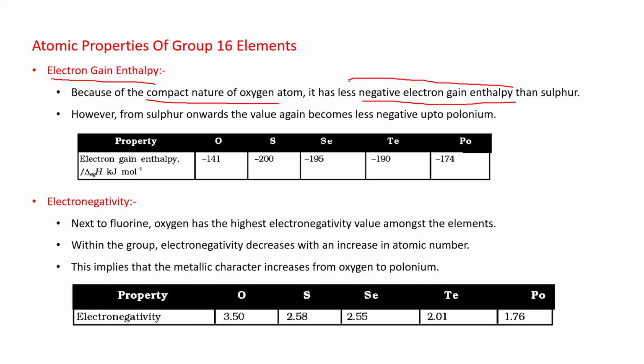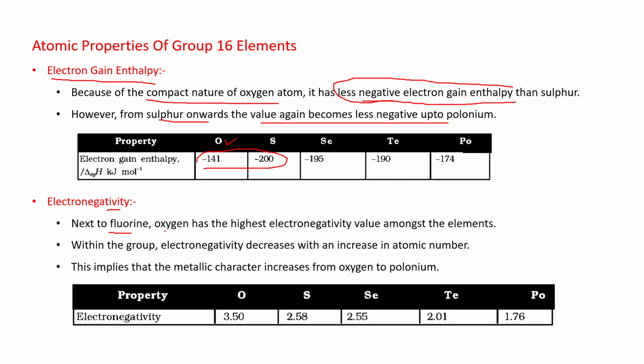Oxygen has less negative electron gain enthalpy than sulfur because of its compact size; the incoming electron feels somewhat of a repulsion. But from sulfur onwards, the value again becomes less negative up to polonium. This is the deviation. The general trend should be less negative from top to bottom, but oxygen has less negative because of its compact size.